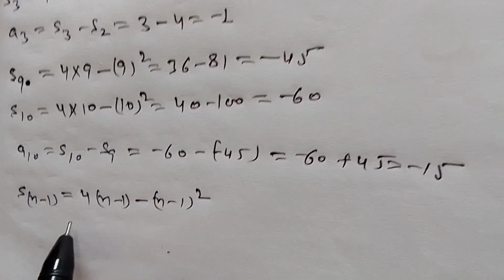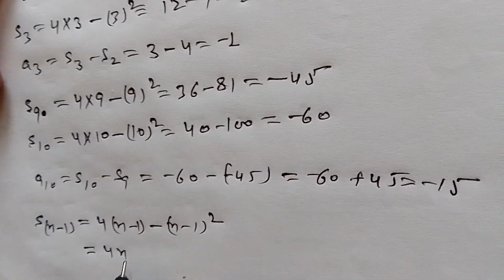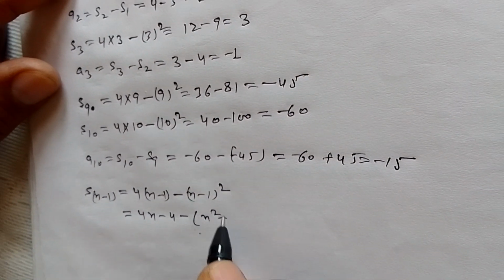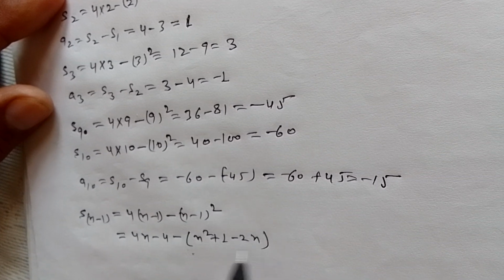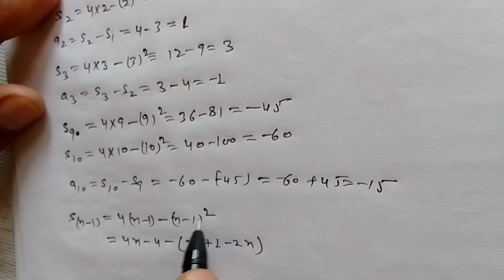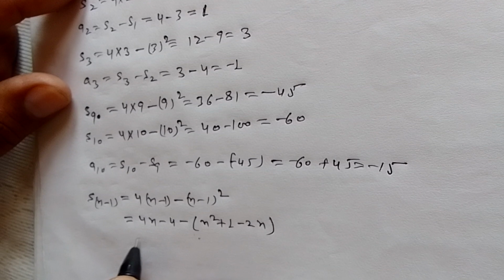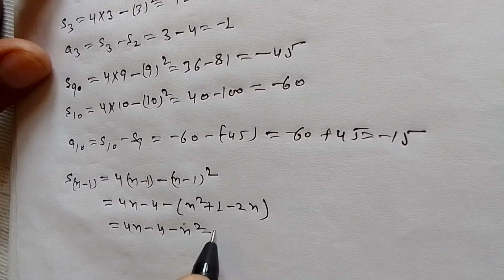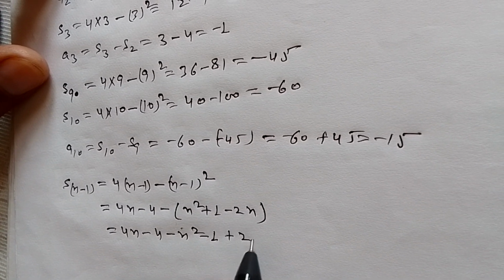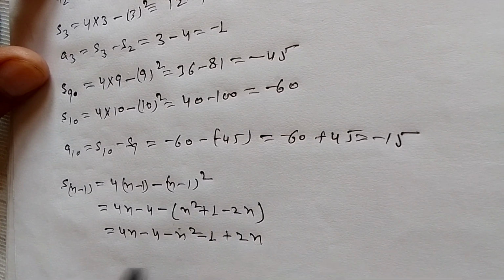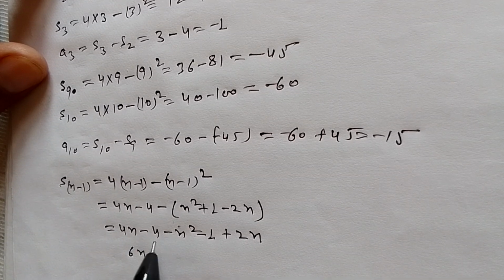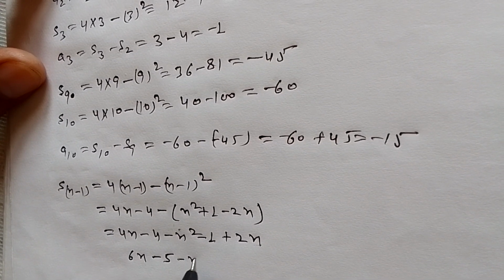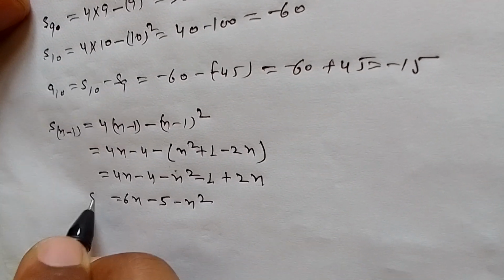It further simplifies as 4n minus 4 minus n square plus 1 minus 2n when we open the bracket, so it is further simplified as 4n minus 4 minus n square minus 1 plus 2n. So here 4n plus 2n comes out to be 6n, minus 4 minus 1 comes out to be minus 5, and minus n square. So this is the S n minus 1 term.